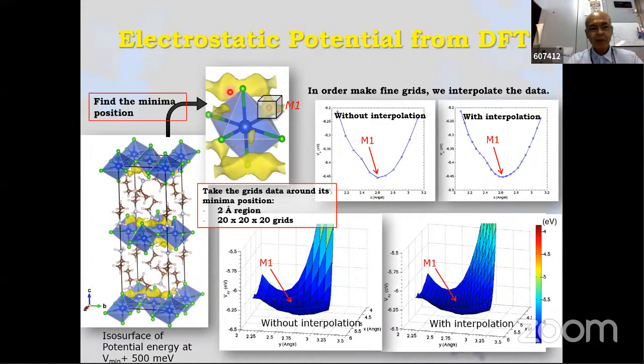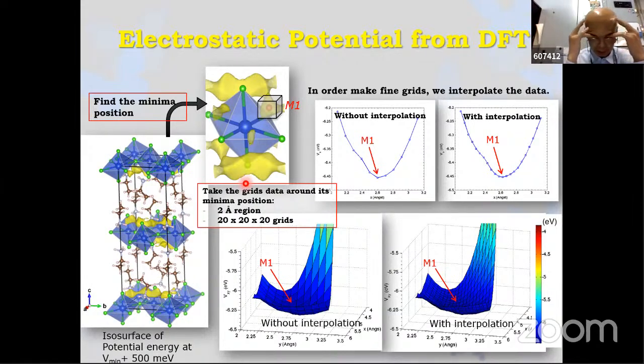This arrow points to the local minimum, the low potential area inside this crystal structure. As long as we have many meshes to cut up one unit cell, this area of local potential becomes much smoother. This is important. The reason we estimate the local electrostatic potential is the muon's charge.